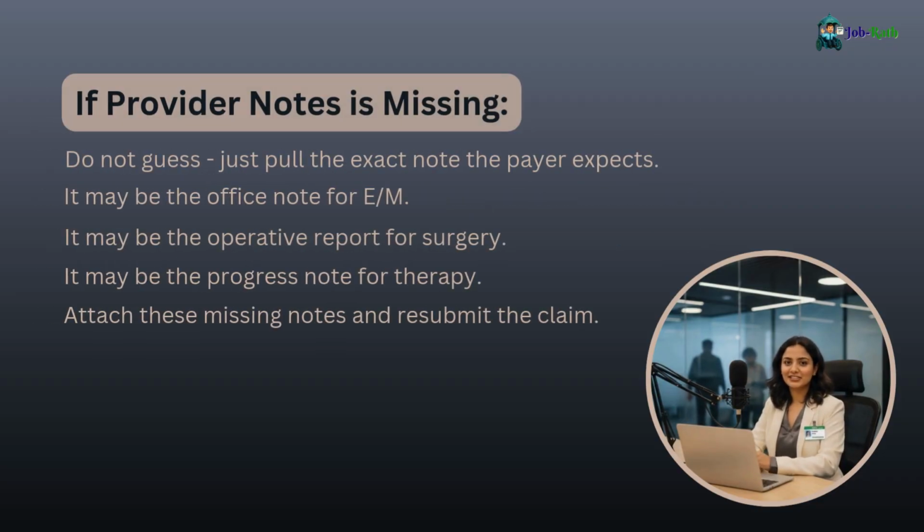If the payer needs provider notes, do not guess. Just pull the exact note the payer expects. It may be the office note for EM, or it may be the operative report for surgery, or it may be the progress note for therapy. Attach it and resubmit the claim.